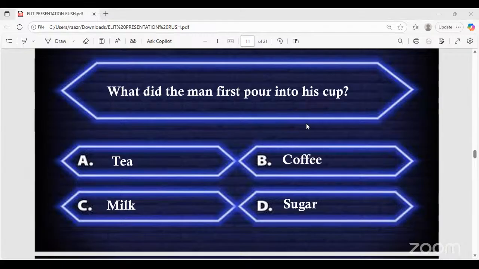Okay, I'm getting so many answers. It's very easy from the first. Shall I reveal the answer then?